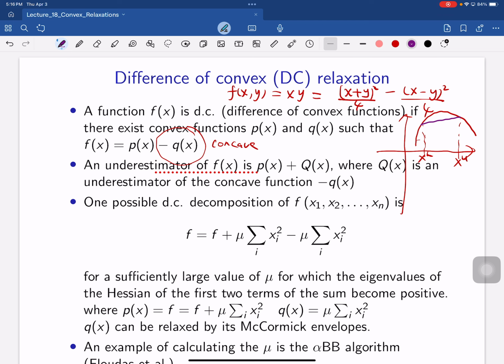So with that intuition, this difference of convex relaxation gives you a recipe of constructing convex relaxation, right? Because a concave function is easy to relax, you can just use a line to under-approximate that. Okay, so now with that, how do we generalize this idea to any non-convex function f(x)?